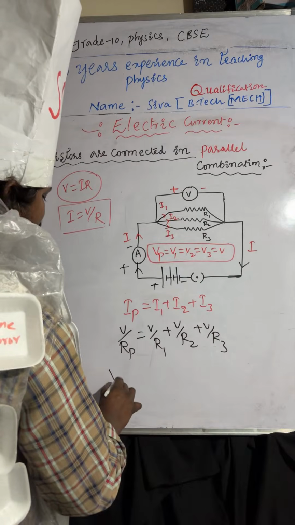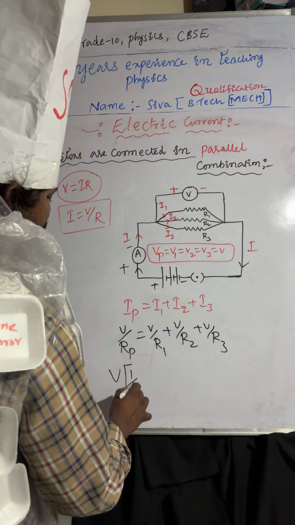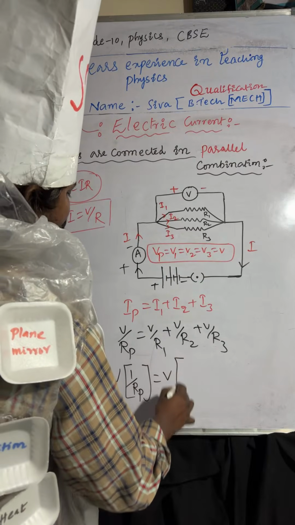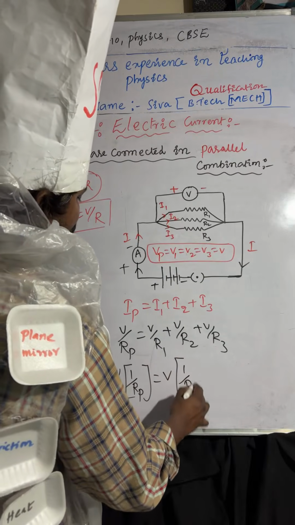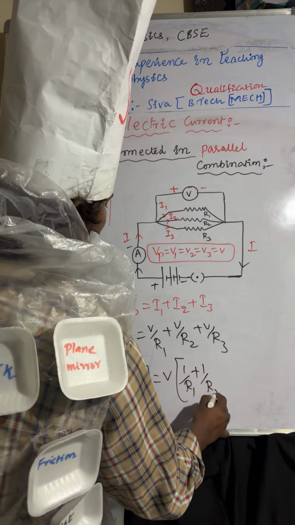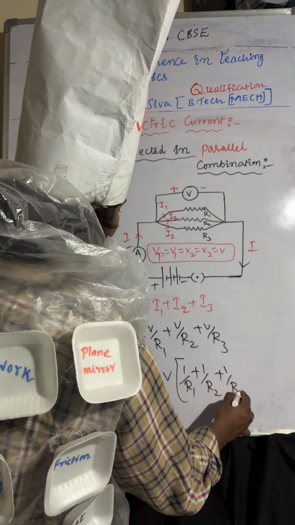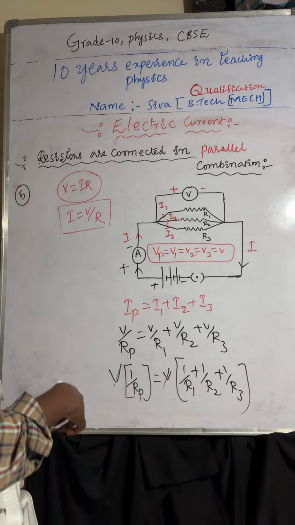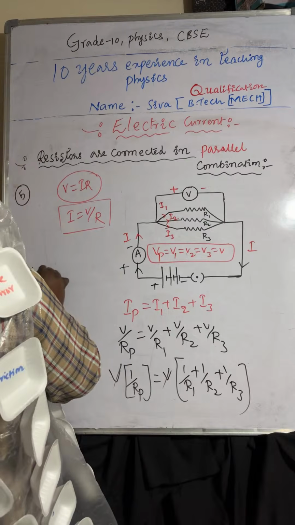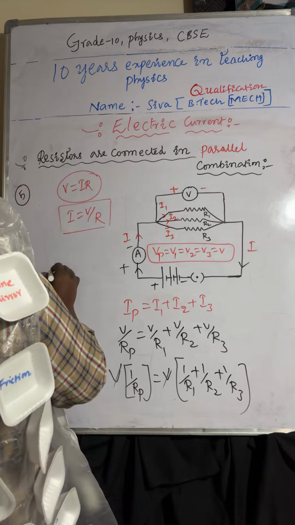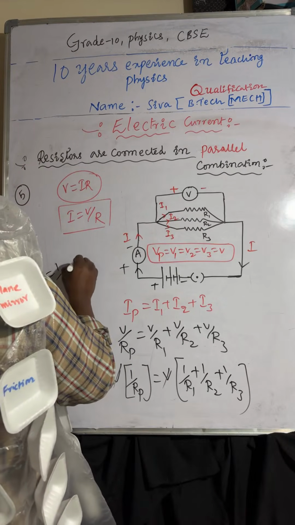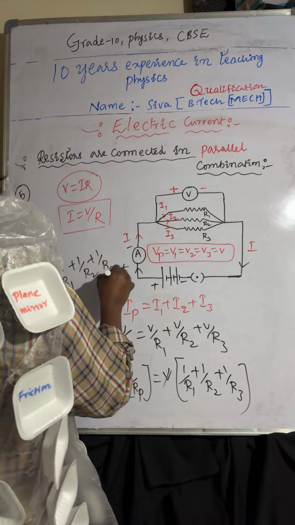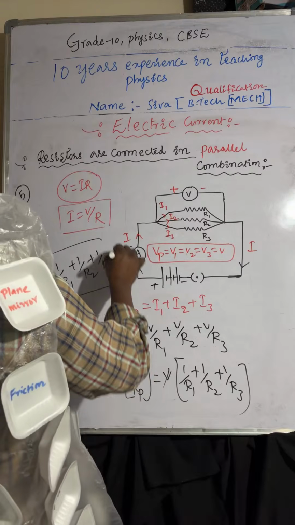Shall I take V common? After taking V common, what is the remaining? 1 by R1 plus 1 by R2 plus 1 by R3. The V term is cancelled here. So the remaining value is 1 by Rp equal to 1 by R1 plus 1 by R2 plus 1 by R3. Are you understanding this point?